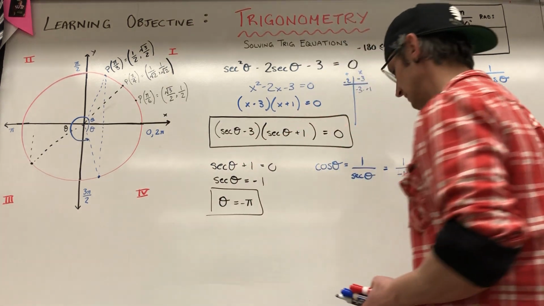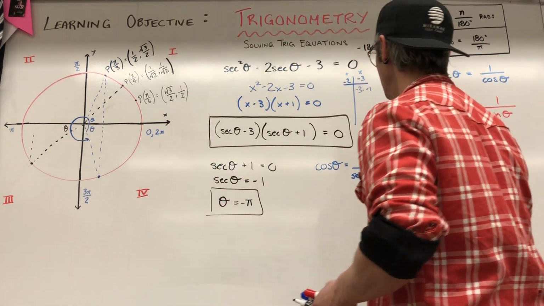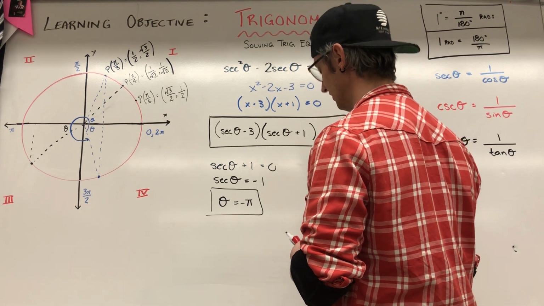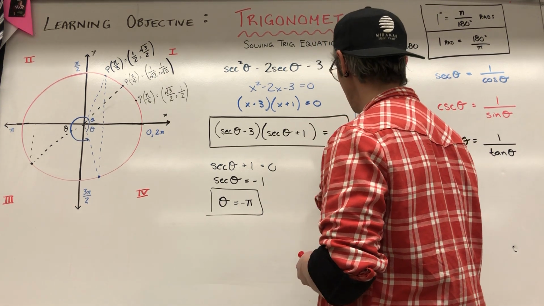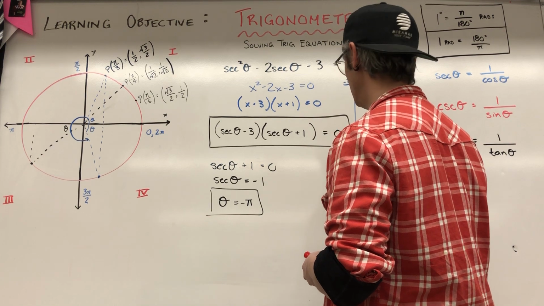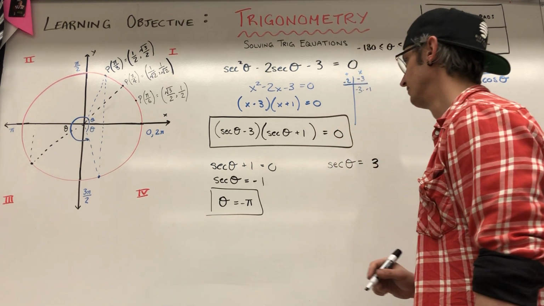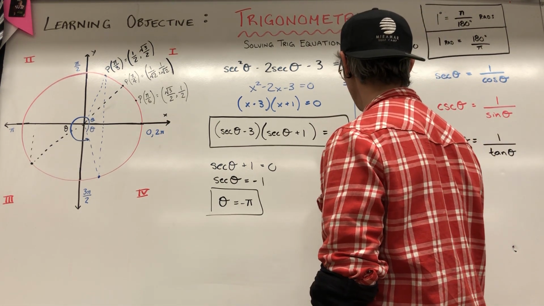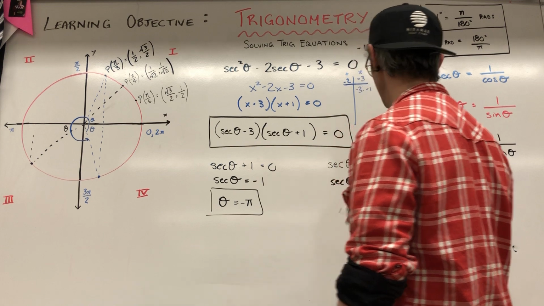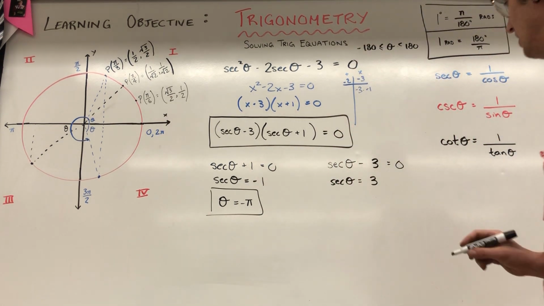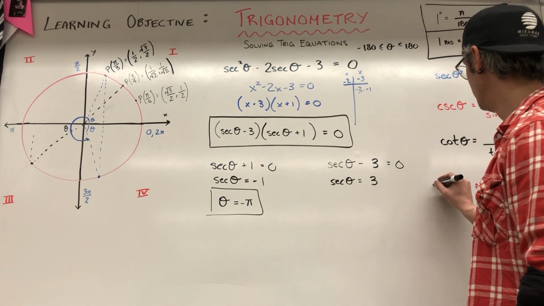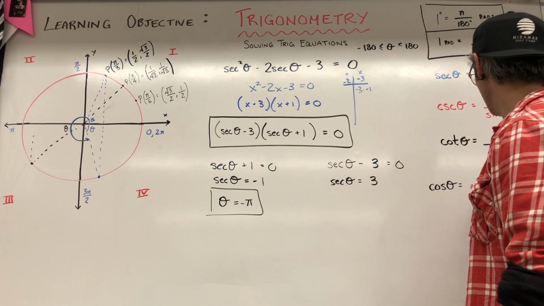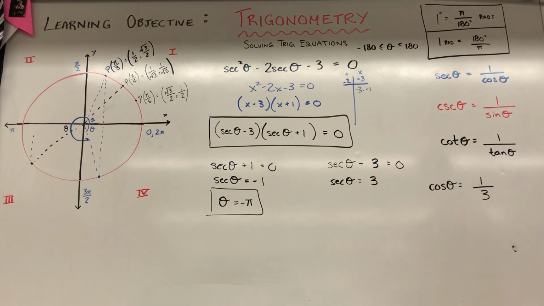And then our second solution is one that's not on the unit circle. It's a little bit bigger. Secant theta minus 3 is equal to 0, therefore secant theta is equal to positive 3. Using this, cos theta is equal to 1 over secant theta, which is 1 over 3.